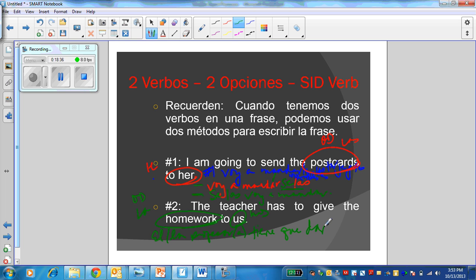Now we have objeto indirecto, nos, objeto directo, what's being given, the homework. El profesor tiene que darnosla.